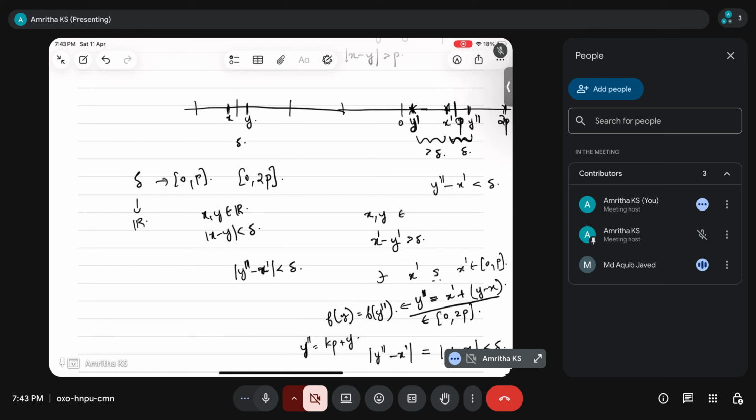No, you are not taking p. You are adding y minus x. You are adding. It is the same. I cannot understand. See, it is the same distance.